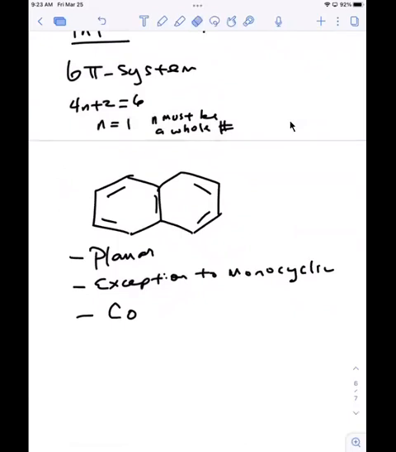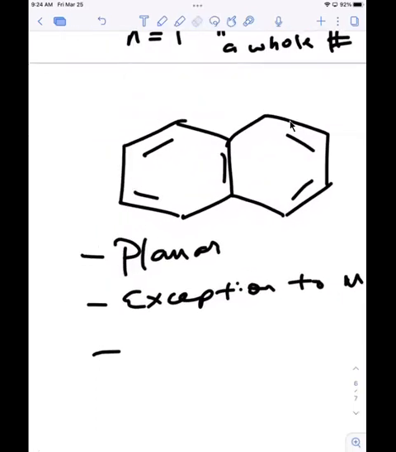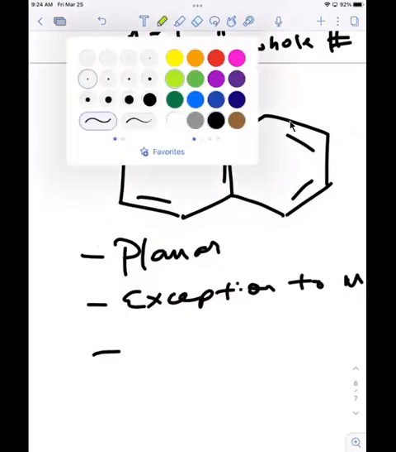All right, so how can we determine if it's fully conjugated? What would you do to see that? You would see if there's a p orbital on each carbon. So let's put in the p orbitals, and then that'll tell us.